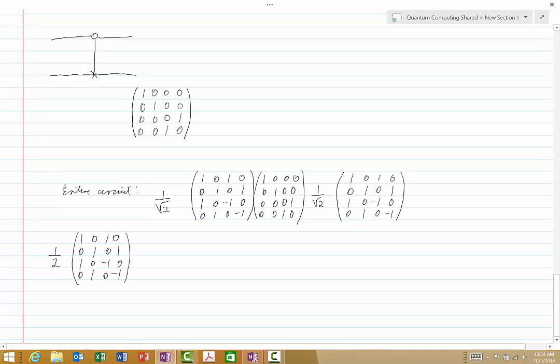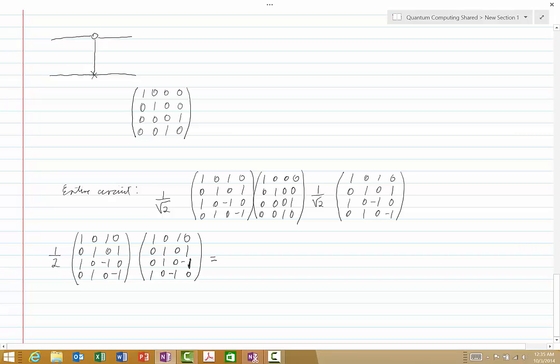And now let's go ahead and multiply the second matrix by the third matrix. When we do that, we will get 1, 0, 1, 0 for the first row, 0, 1, 0, 1 for the second row, 0, 1, 0, negative 1 for the third row, and 1, 0, negative 1, 0 for the final row.